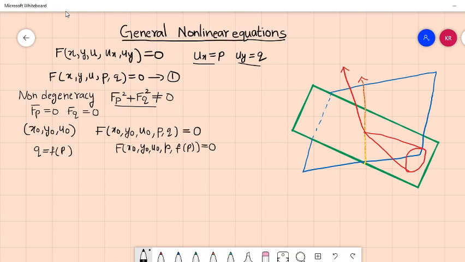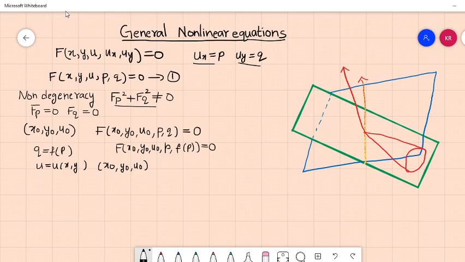Now we will see the equation of the tangent plane to the surface u equal to u of x, y, passing through the point x naught, y naught, u naught, and orthogonal to (p, q, minus 1). So this is the normal vector.